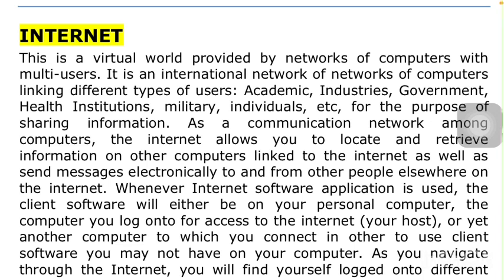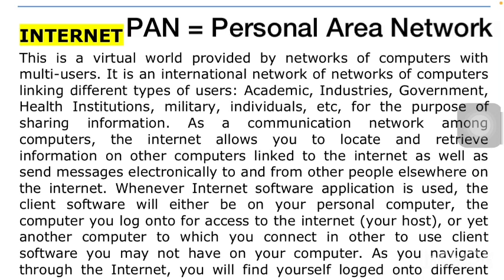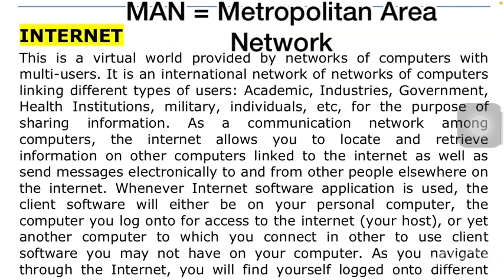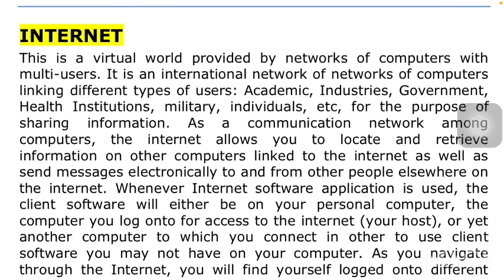In fact, it is carved out from the international network, where you have the LANs, the PANs, personal area network, large area network, and the MAN, metropolitan area network. All these networks are connected together across the nations, across the continents, all over the globe. It is now referred to as the internet, the network of all networks.